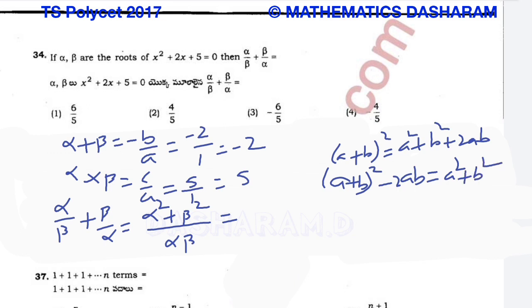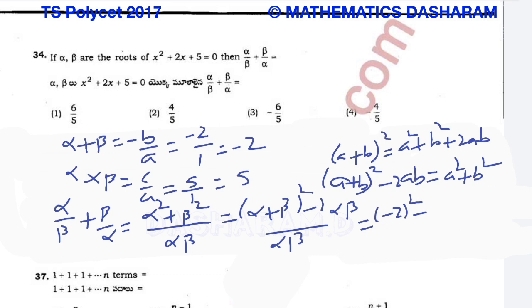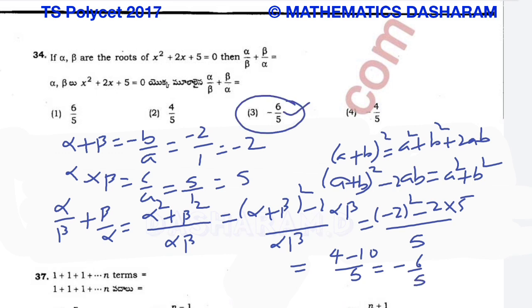So it is equal to alpha plus beta whole square minus 2 alpha beta divided by alpha into beta. Alpha plus beta is minus 2, whole square, minus 2 into alpha into beta, which is 5, divided by alpha into beta, that is 5. So minus 2 whole square is 4, minus 5 twos are 10, divided by 5, giving minus 6 by 5. So option 3 is correct.